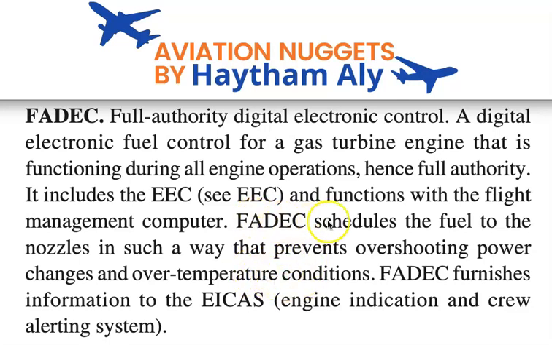So again, the FADEC schedules the fuel to the nozzles in such a way that prevents overshooting power change, like N1 or N2 if it is a dual spool engine, overshoot, and over temperature conditions. So the FADEC protects the engine against overspeed and over temperature. Overspeed may increase engine vibration and may allow the engine to be unstable.